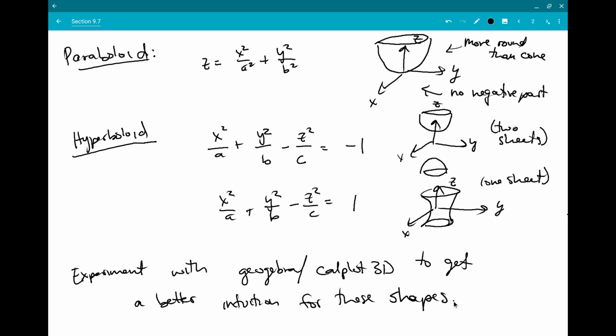And we're going to get lots of practice with them in your web work, distinguishing between them. Really, the thing to know is all these letters, A, B, C, help tune how wide and skewed the different shapes are.